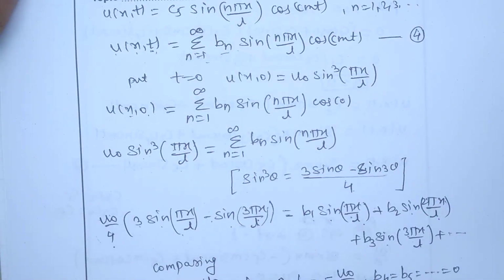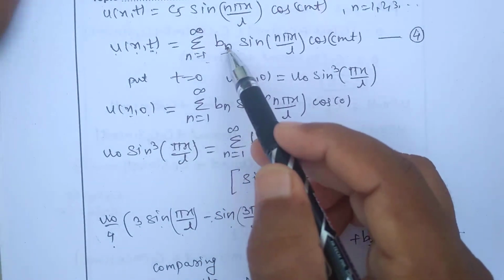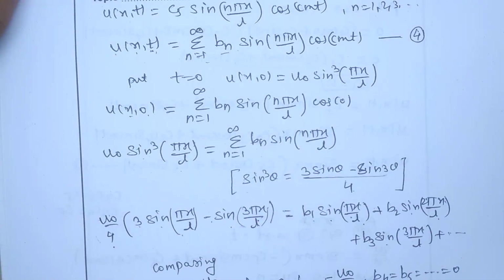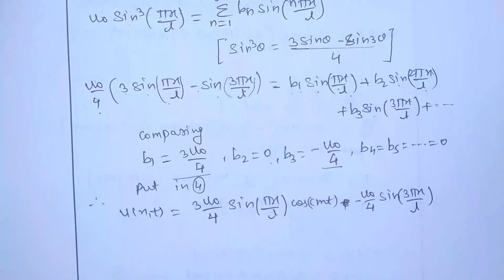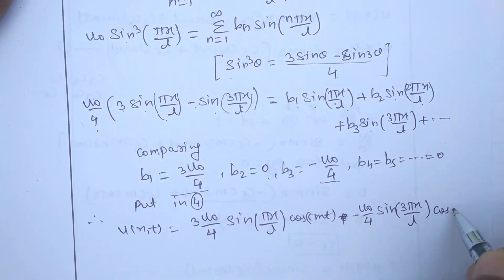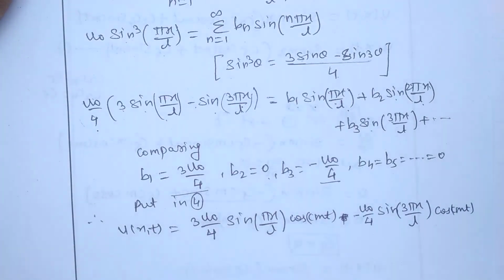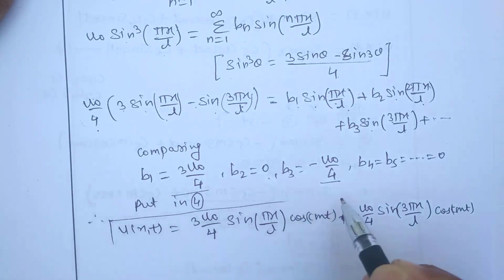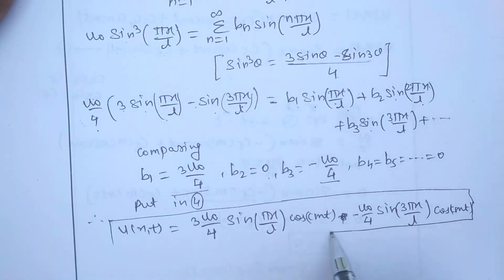The value of b2 is 0, plus put n equal to 3, you will get b3, which is minus u0 by 4 into sin 3 pi x by L into cos cmt. The remaining terms b4 is 0, b5 is 0. So all remaining terms become 0 and we get this as our final solution.